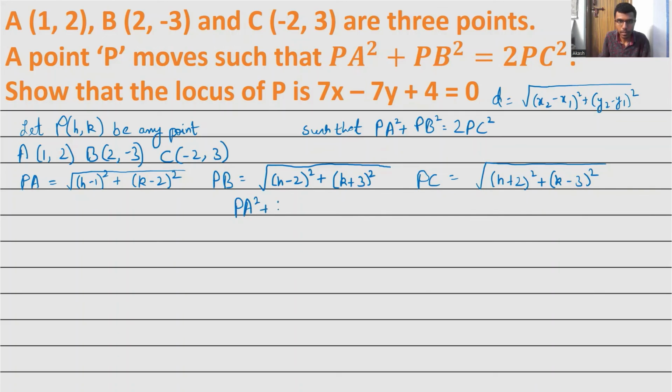PA square plus PB square is equal to 2PC square. Now let's substitute. See, PA is this. Now PA square would be this term without square root.